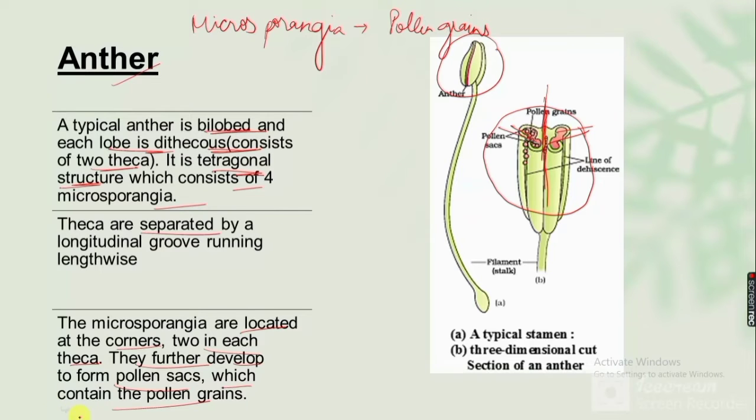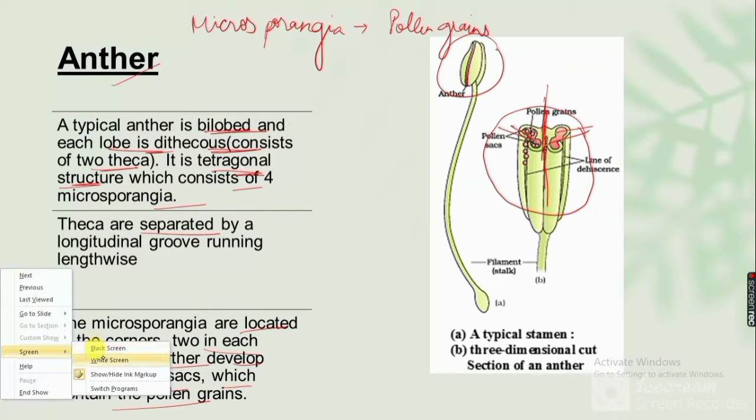Let's go on to a blank slide. Nature of anther. As you know, anther is angiospermic. I am making points so that we will remember these points about the anther.